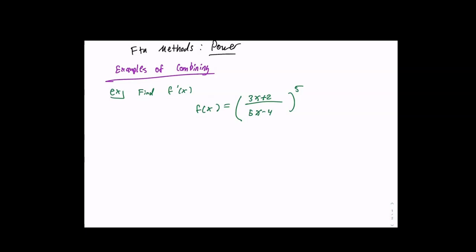Is it a quotient? So there is a quotient function inside here. Well, what is the big picture function? What are we learning about? What type of function? A power function. So there's a power. And a chain.